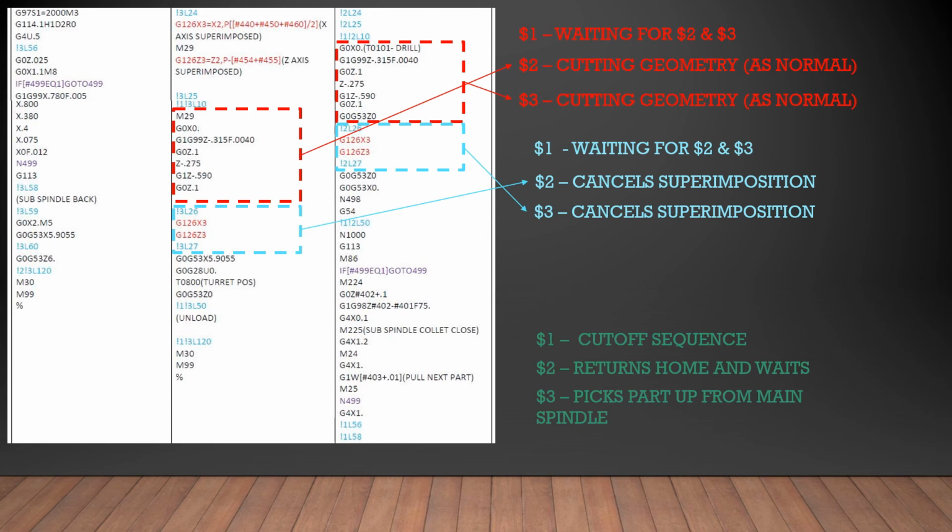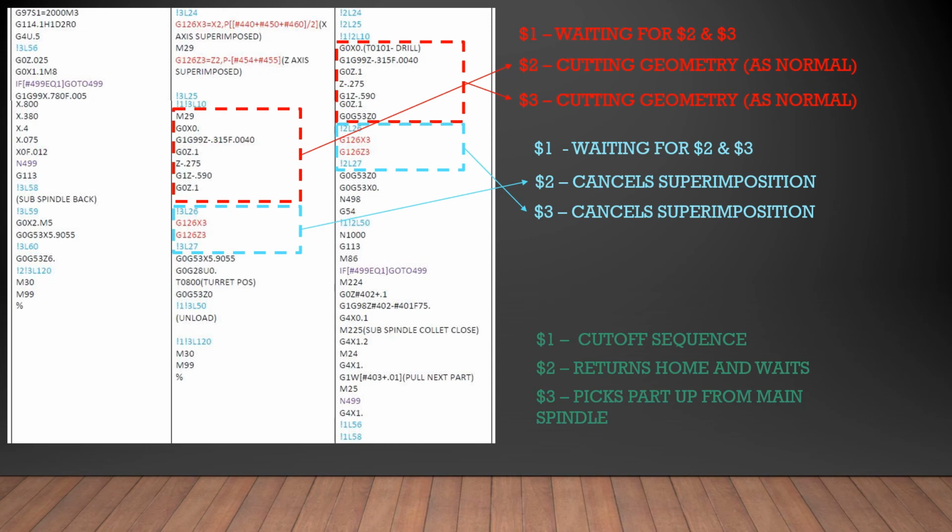It's sort of abstract, but the only thing to keep in mind is when that drill on the main spindle is drilling, if it was to move back, and when it does move back with its G0 Z.1, those slides are going to move at the same time and same rate in rapid back.